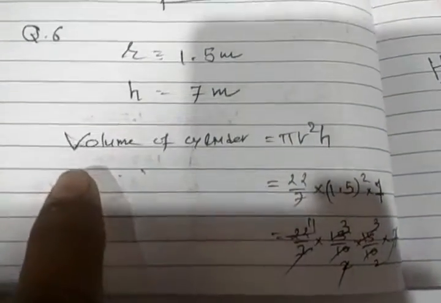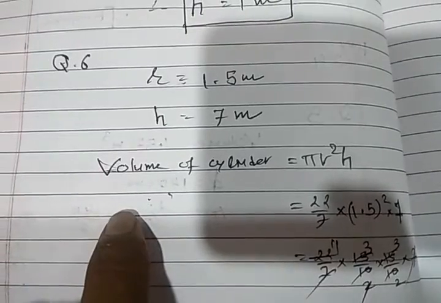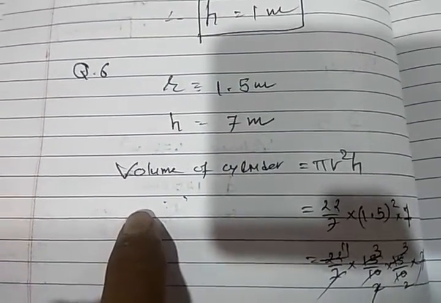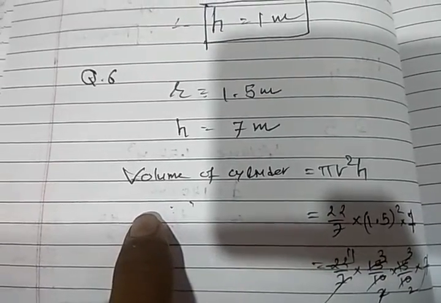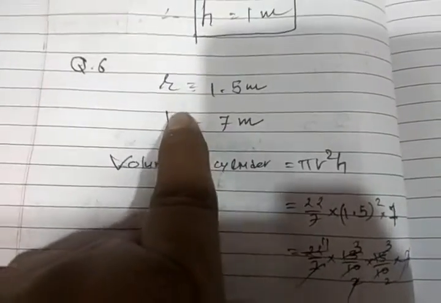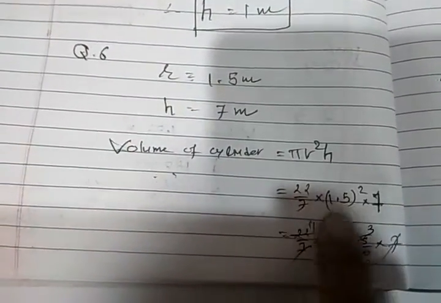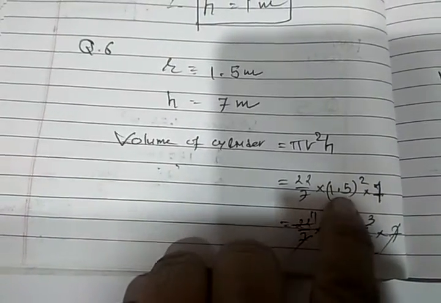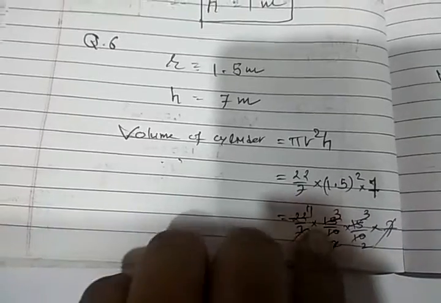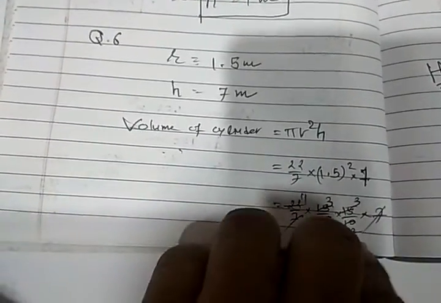Now question number 6. A milk tank is in the form of a cylinder whose radius is 1.5 meter and height is 7 meter. Find the quantity of milk in liters to be stored in that tank. Radius is given, height is given, volume of the cylinder is pi r squared h. 22 upon 7, radius 1.5, height 7. 1.5 means 15 upon 10; write it down 2 times, and h.